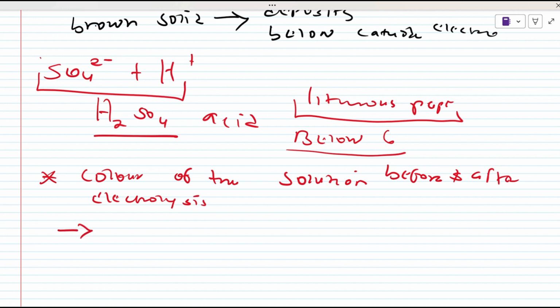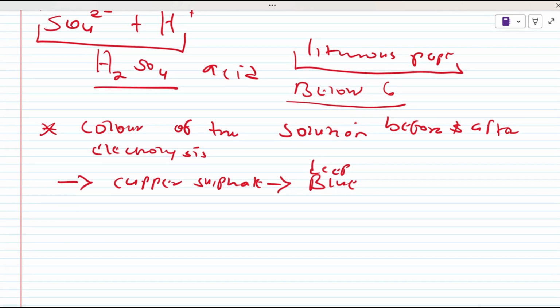When we started the reaction, the copper sulfate solution was blue, in fact deep blue. But as the reaction proceeds, the deep color fades until at the end it becomes colorless.